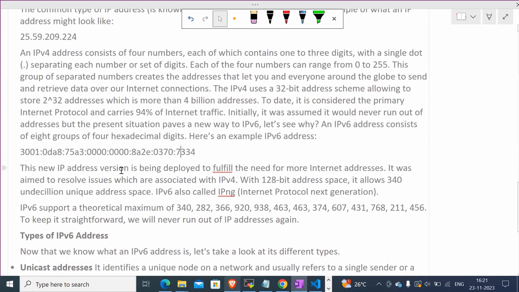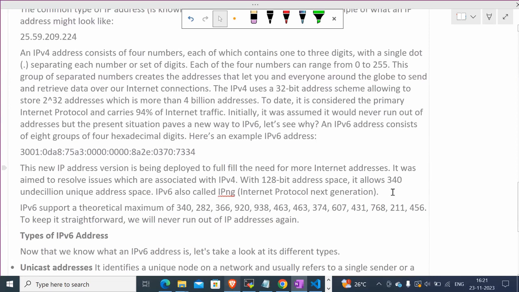This new IP version is being deployed to fulfill the need for more internet addresses. It was aimed to resolve issues associated with IPv4, with a 128-bit address space.